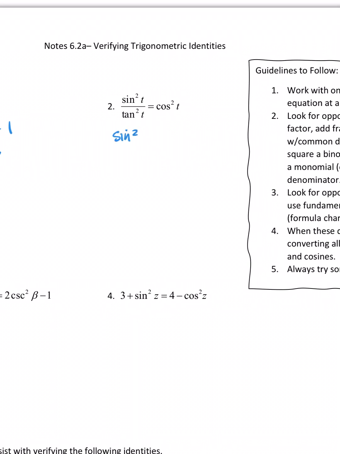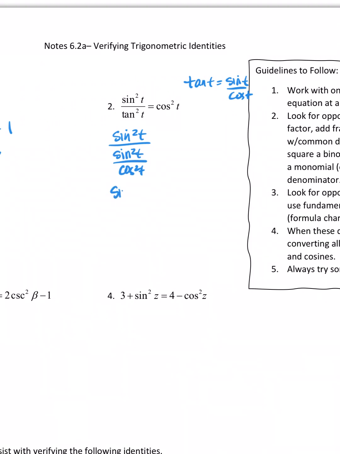Sine squared t over tangent. Now, I know on my chart that tangent t is sine of t over cosine t. It's one of those quotient properties. Well, the same is true even if you square everything. So tangent squared is the same as sine squared t over cosine squared t. Now, when we do fractions, remember, we keep it, change it, flip it.